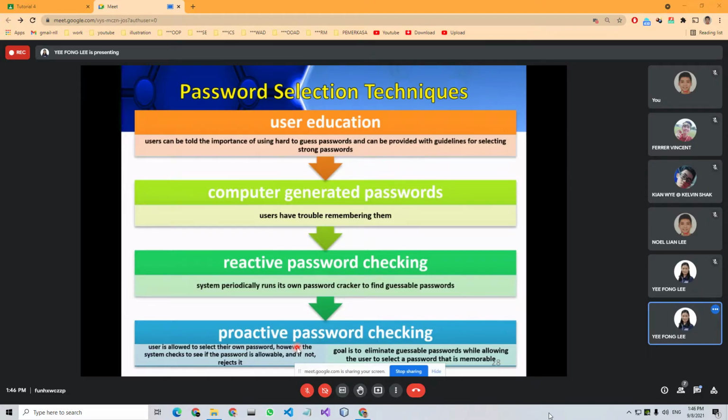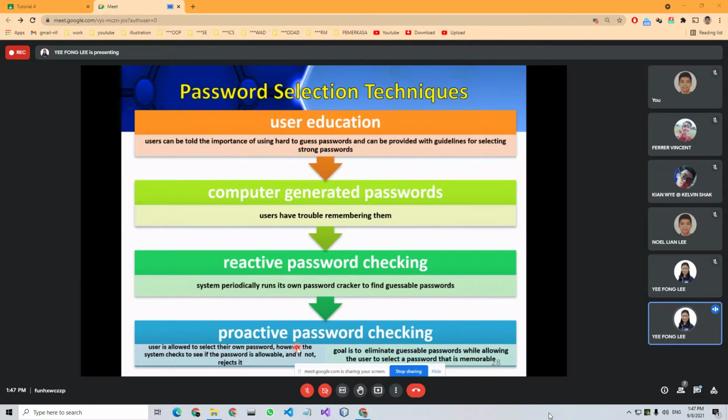A reactive password checking strategy is one in which the system periodically runs a password cracker to find guessable passwords. The system might cancel any password that is guessed and might notify the users. In a proactive password checker, the user is allowed to select their own password.